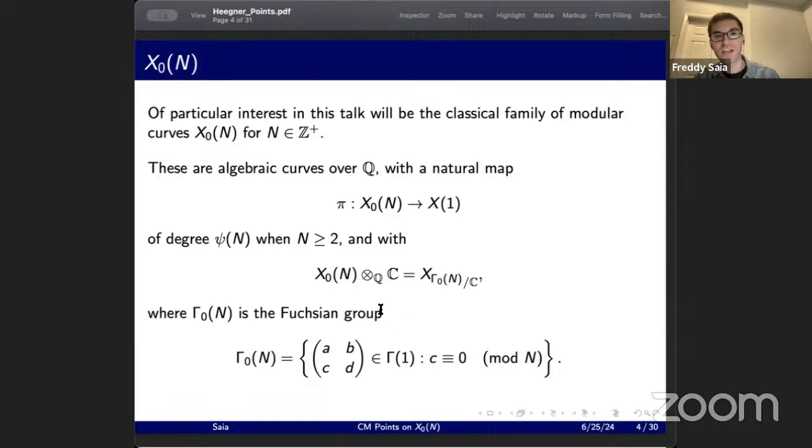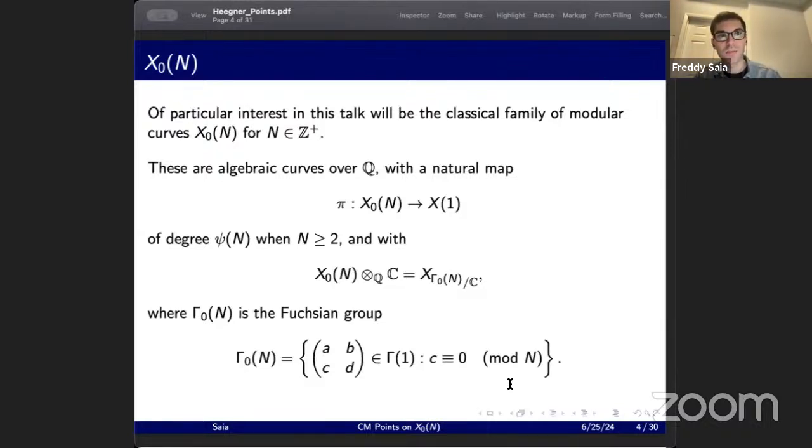I just mean if you base change this curve from Spec Q to Spec C, you get the associated complex modular curve that we talked about before. This is the one associated to the Fuchsian group Gamma_0(n), which is just matrices in SL2(Z) which are upper triangular modulo n, so the entry c is divisible by n.